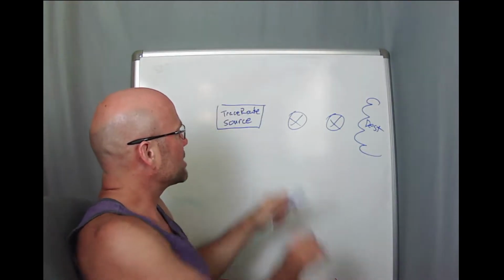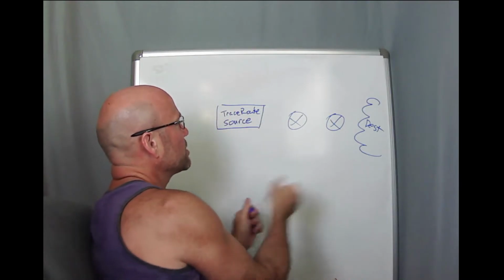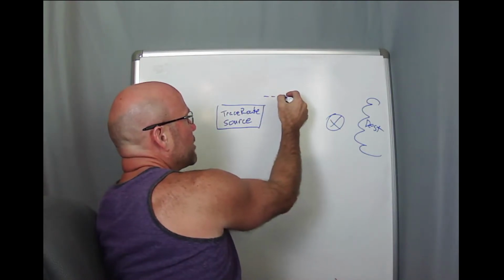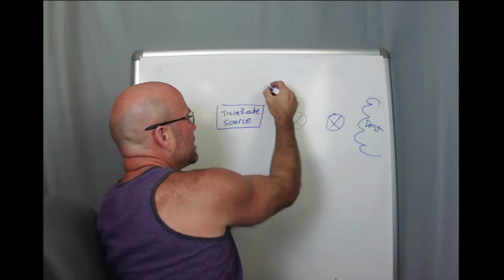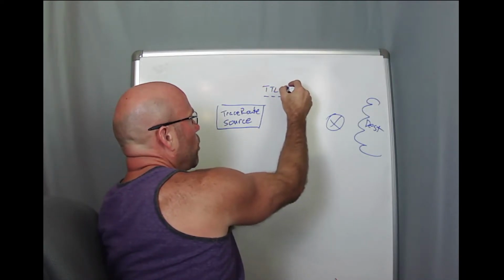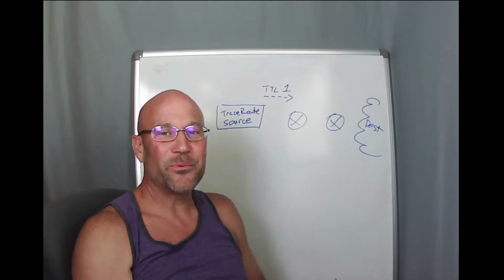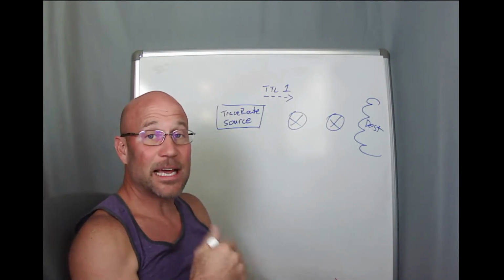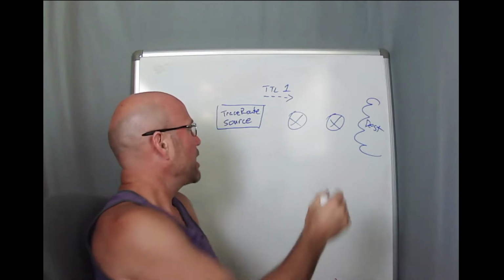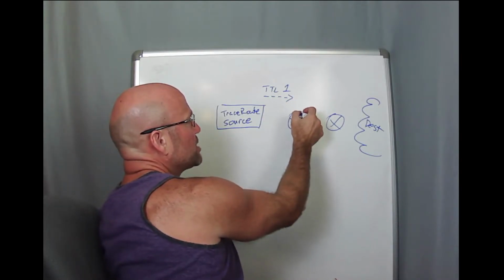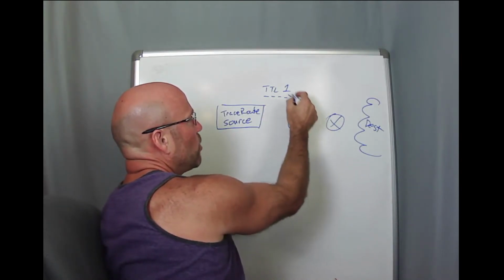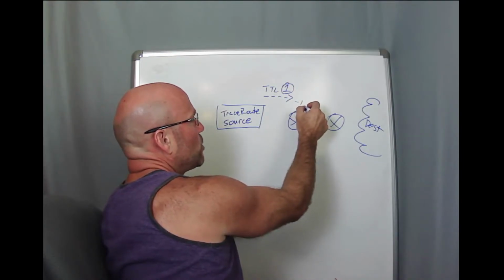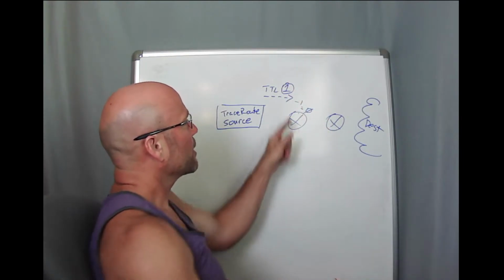When those packets leave this source, the IP header is set to TTL 1. And so what do we know about when a router receives an IP packet? It decrements the TTL. Okay, so this first packet is received at this router, minus 1 on the TTL equals 0.